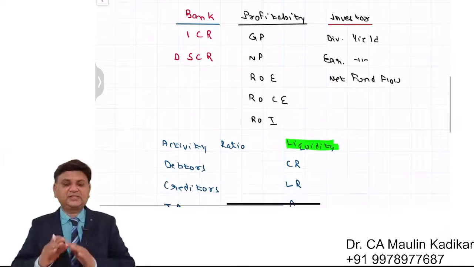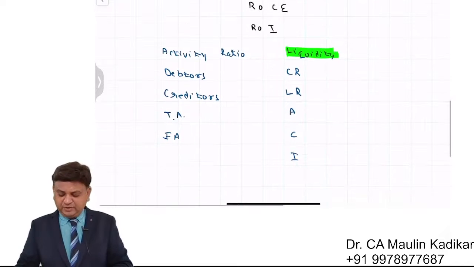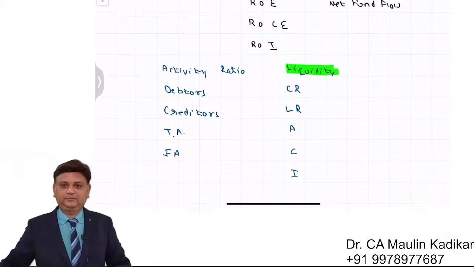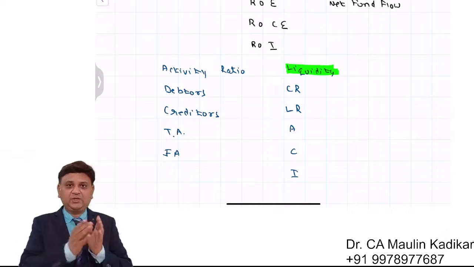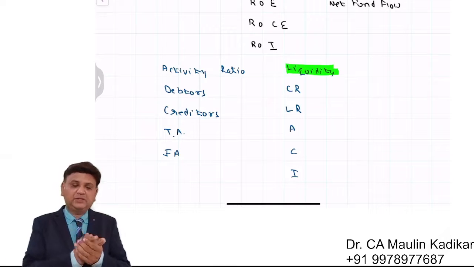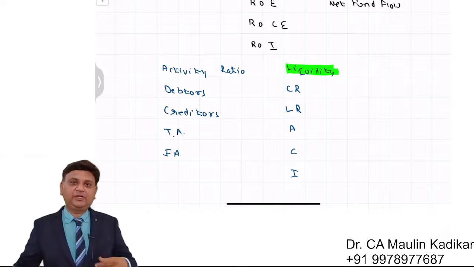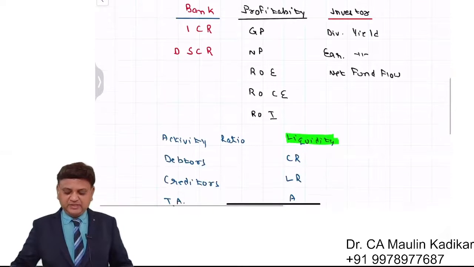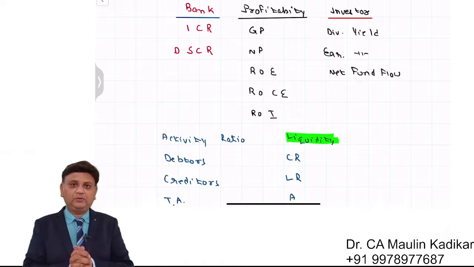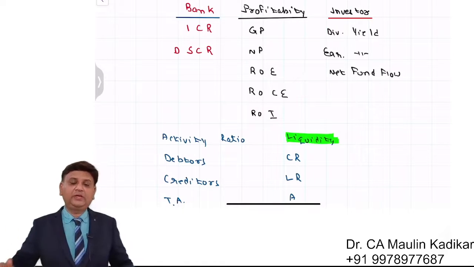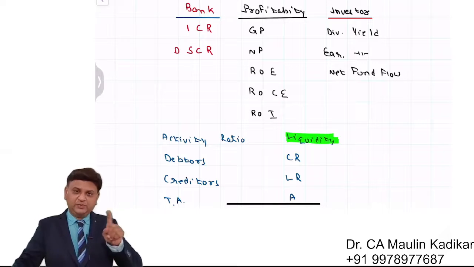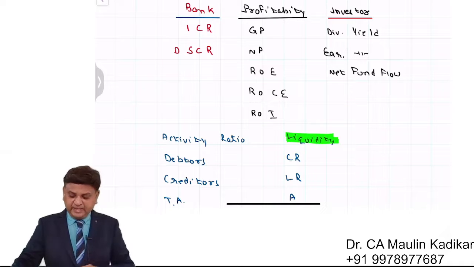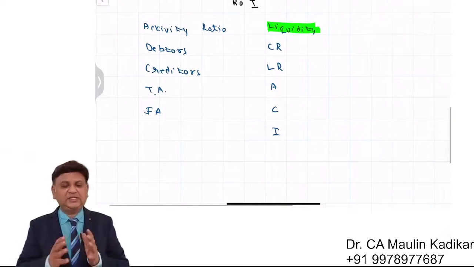Like that, we are having certain ratios to be calculated from the different point of view in this way. So basically, whatever the purpose that you have, for that purpose, you will make calculation of the ratios. As I told you, certain ratios are calculated from bank point of view to determine whether loan should be given to a company or not. Certain ratios are calculated from management point of view. Certain ratios are calculated from investor point of view.